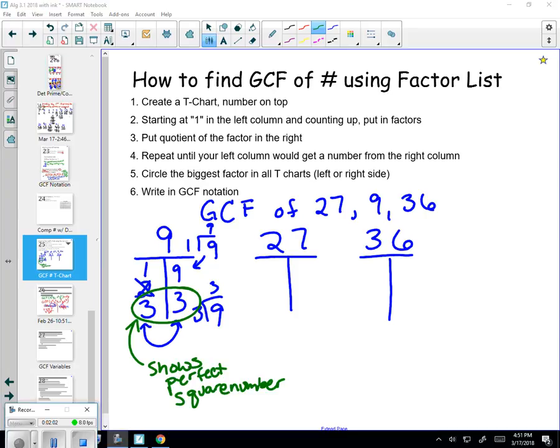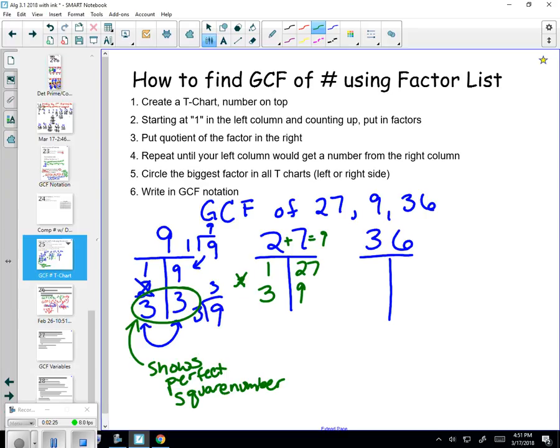Let's try with 27. 1 times 27. It is odd, so I will not try 2. 2 plus 7 equals 9. I know 3 will go into 9, so I need to figure out 27 divided by 3. It actually is 9. It is not even, so 4 won't go in.